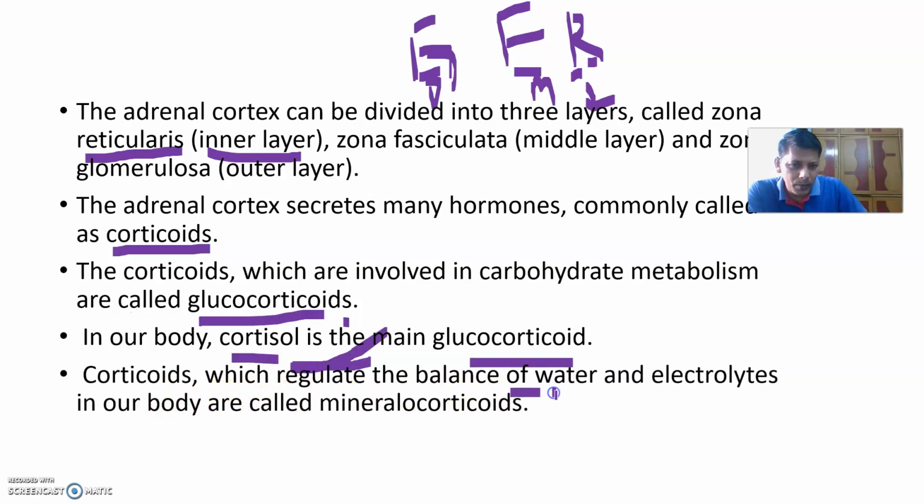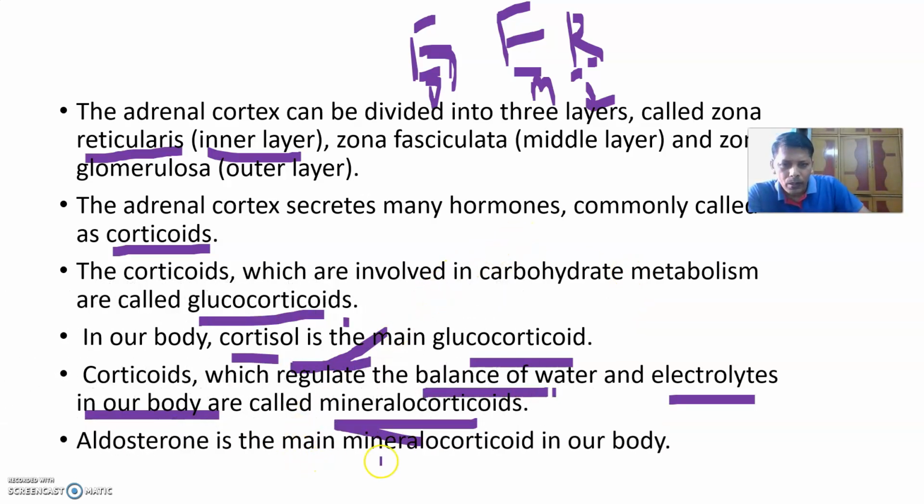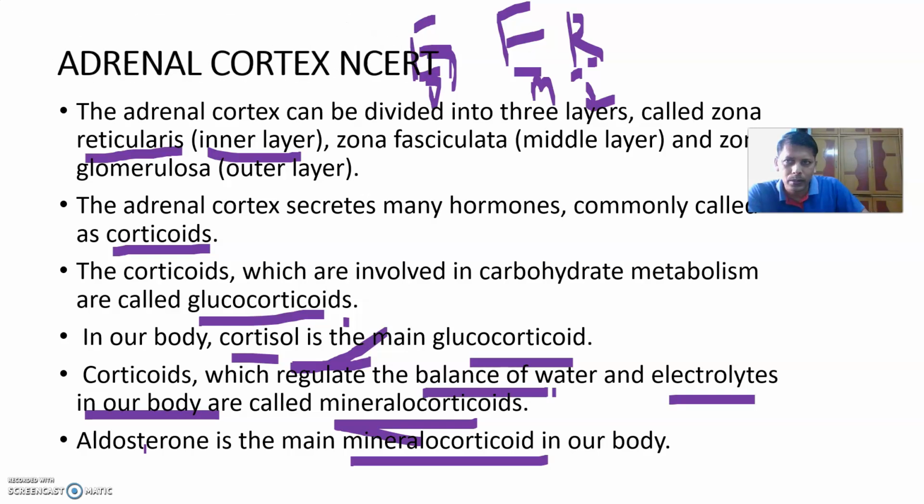Corticoids which regulate the balance of water and electrolytes in our body are called mineralocorticoids. What is the main mineralocorticoid? The main mineralocorticoid is aldosterone.